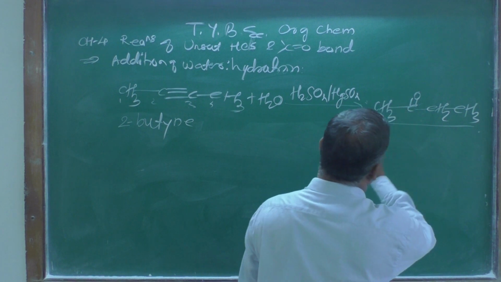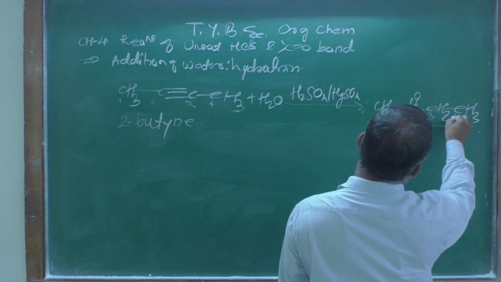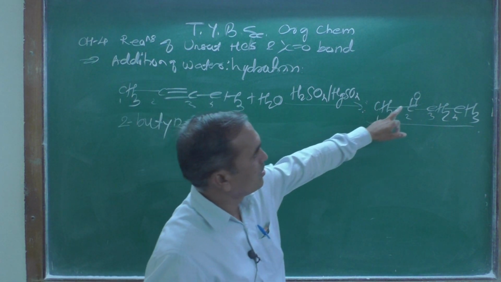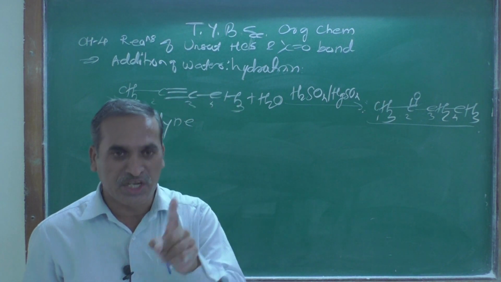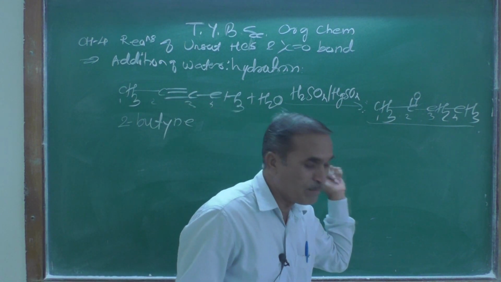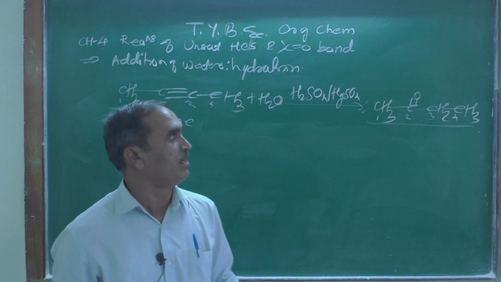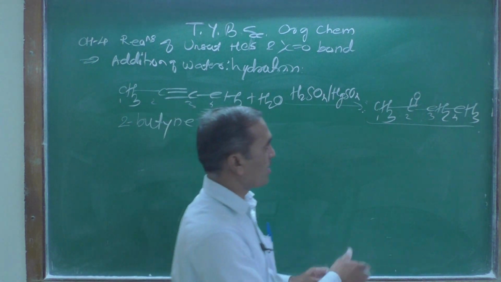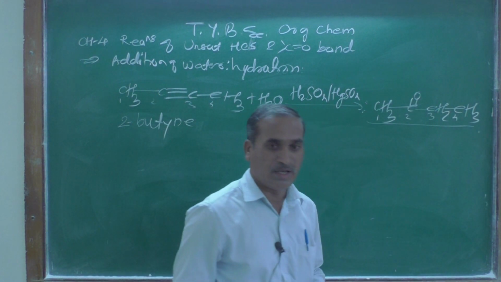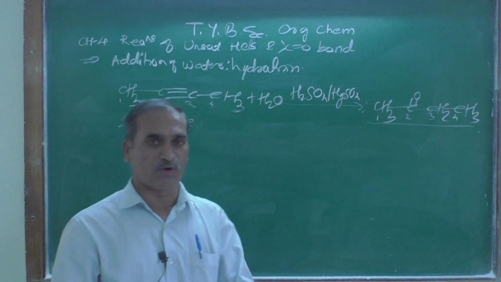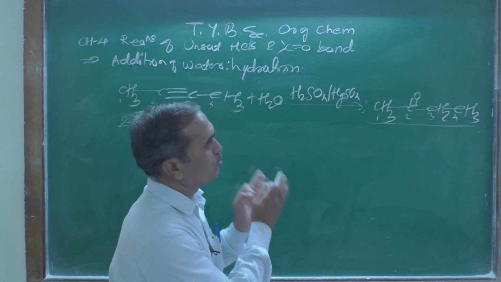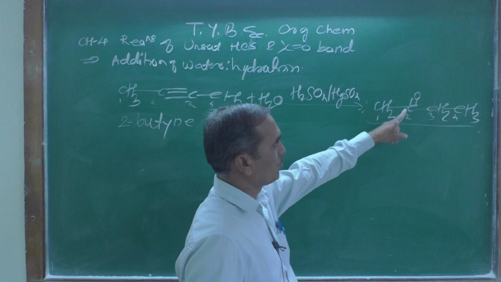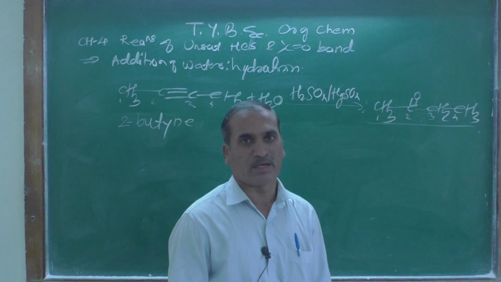And now look here, 1, 2, 3, 4. Numbering should start from the left hand side, because the carbonyl group is nearest to this side. When you number from the left side, you will find the carbonyl group nearest, and if you start from the other side, that is far away, and therefore the proper way of numbering is to start from the left hand side, and that's why the carbonyl group is at position 2, with four carbon atoms in the straight chain.